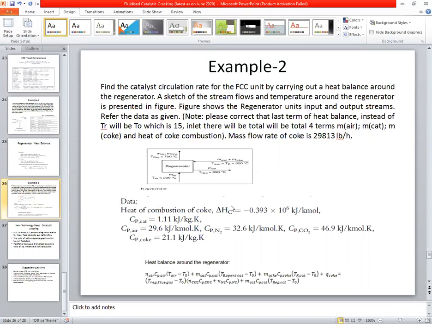The heat of combustion is always negative in the reference, but when we do the calculation we take it as positive. So the Q value will be 0.393 times 10 to the power 6 times the molar flow rate we just calculated, 1126.93. Please do that.